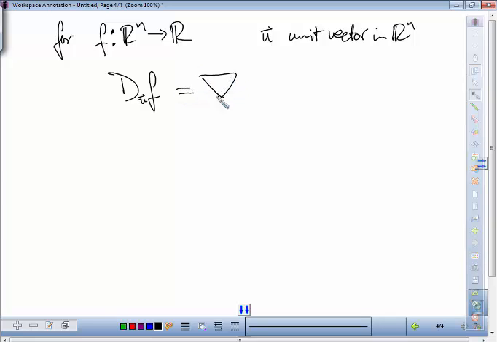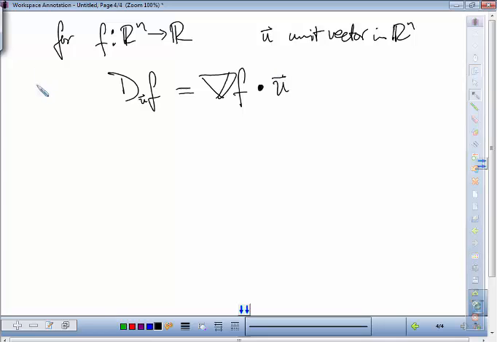And since we have a nice compact way of writing all the partial derivatives with respect to all the independent variables, I can just say the gradient evaluated at whatever that point is, dotted with the unit vector.